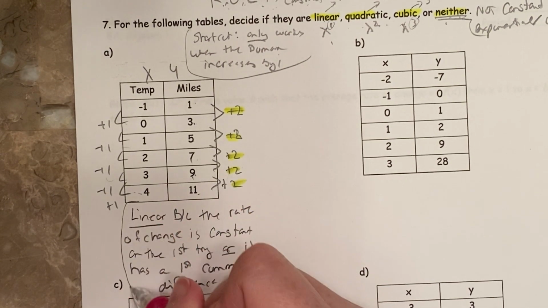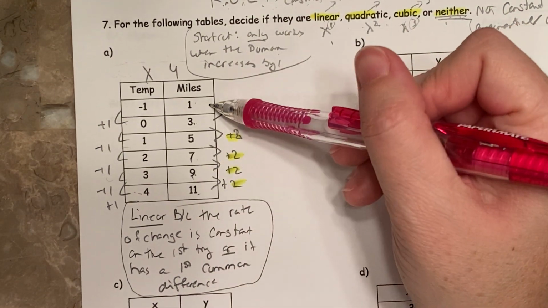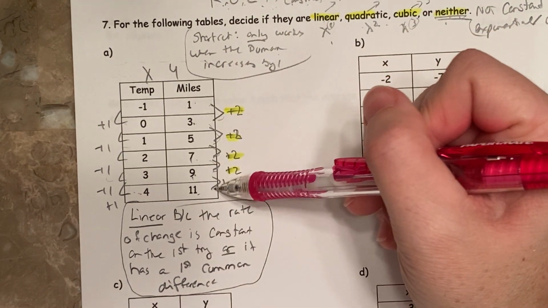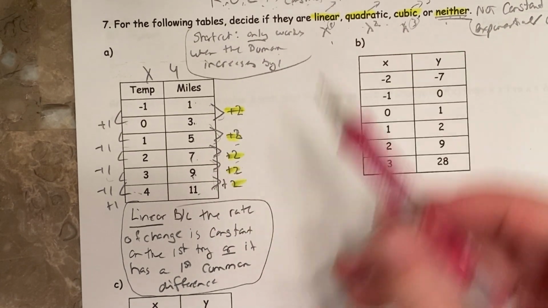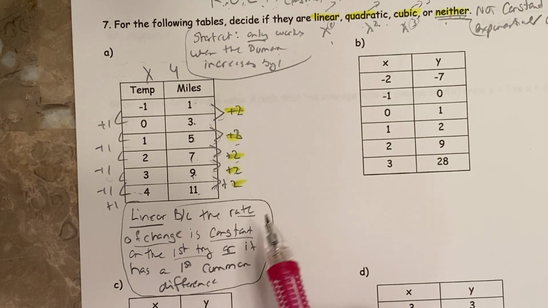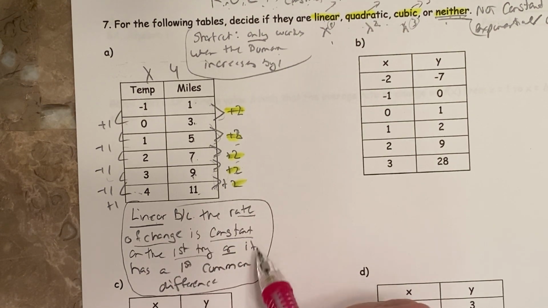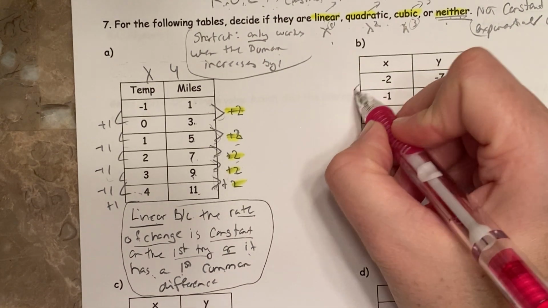So it is completely up to you which one you want to memorize. Because it was the first one we did, this first trial, and they were all the same, that's linear. So you have to say rate of change, you have to say constant, you have to say first try. If you don't like that, just say it's linear because it has a first common difference, or a common first difference, something like that.